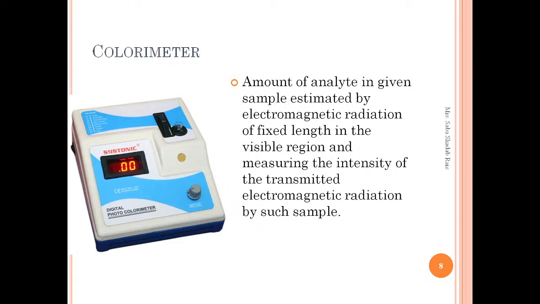Why a certain fixed wavelength, we will discuss later, because each wavelength of light can absorb only a single type of complementary color. We will discuss that in the next slide.